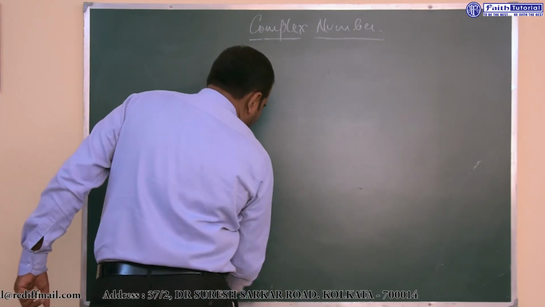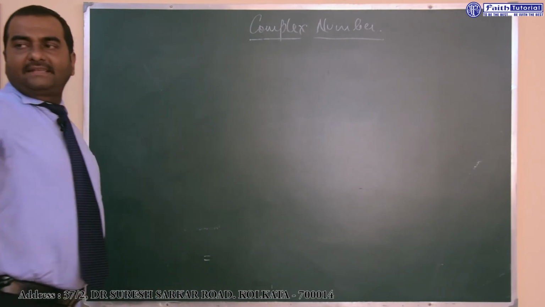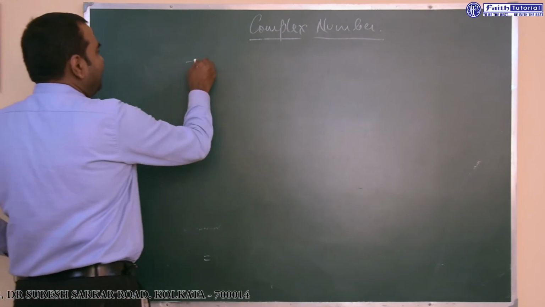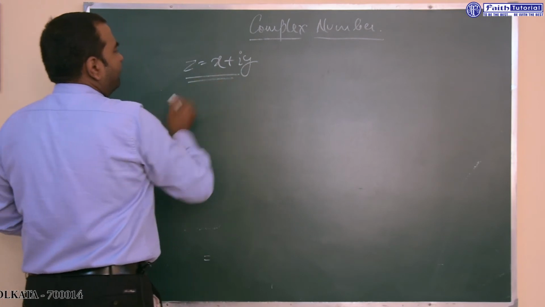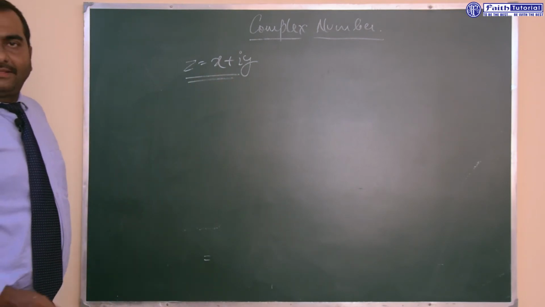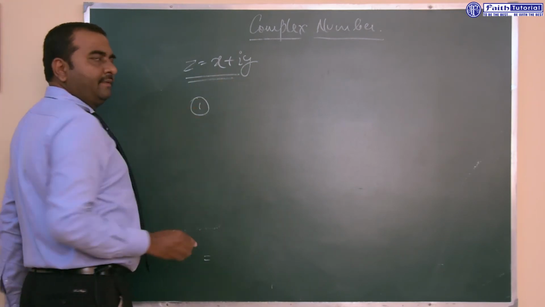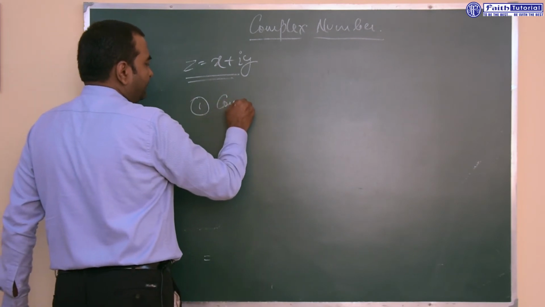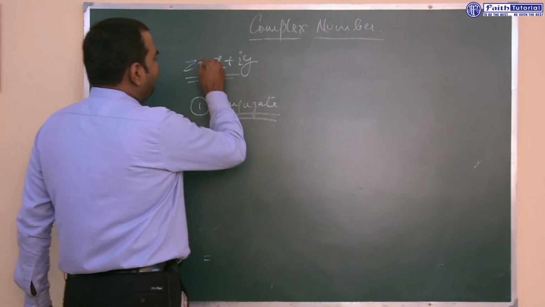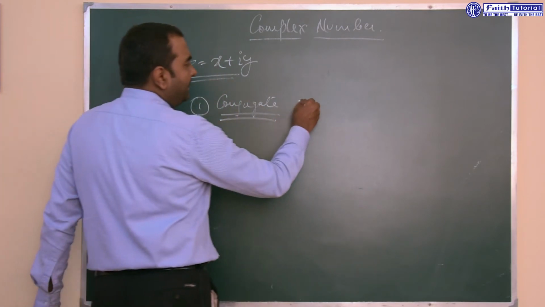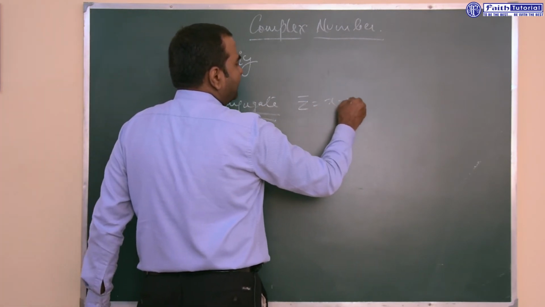A complex number z is equal to x plus iy. To start with, number 1, the first one, what is the conjugate? The conjugate of the complex number z, denoted as z bar, is x minus iy.